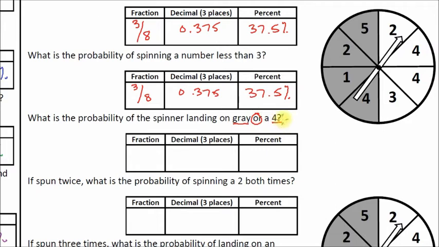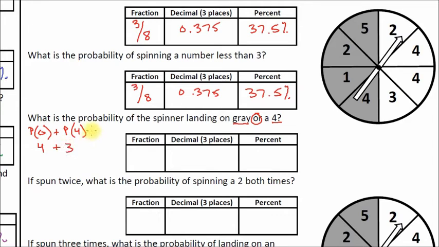Gray or a 4. That means either one of those spaces make us happy. Well, if we look at this, we've got 4 gray spaces. So we've got the probability of landing on gray plus the probability of landing on 4. So gray spaces, there are 4. And spaces with 4 in them, 1, 2, 3, there's 3.